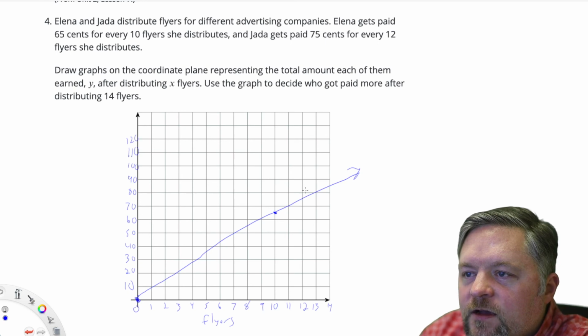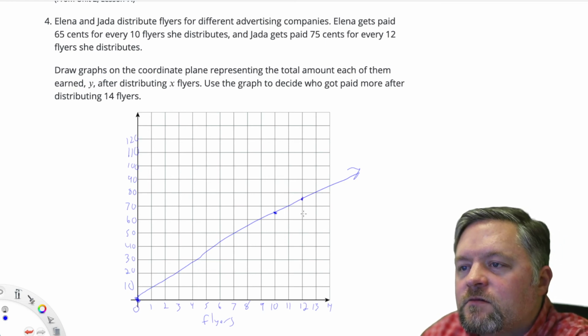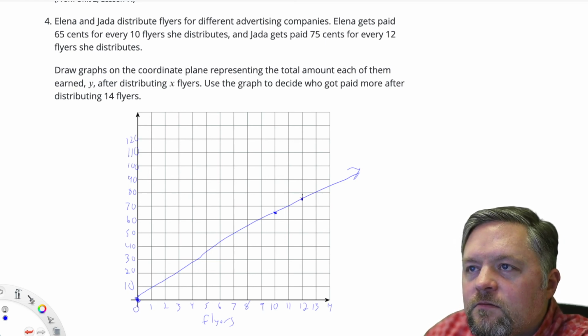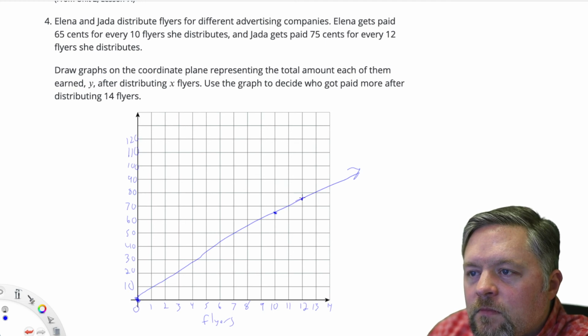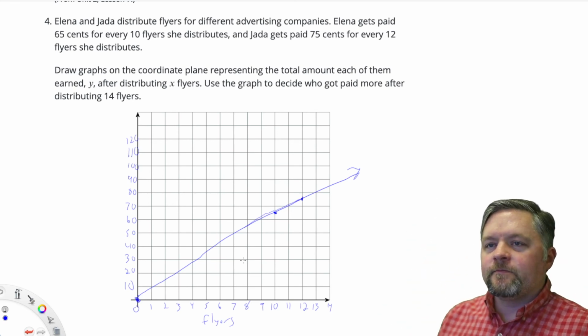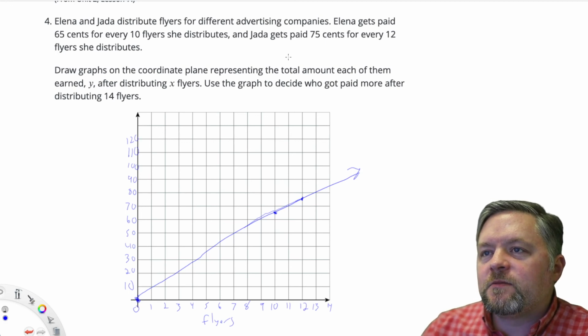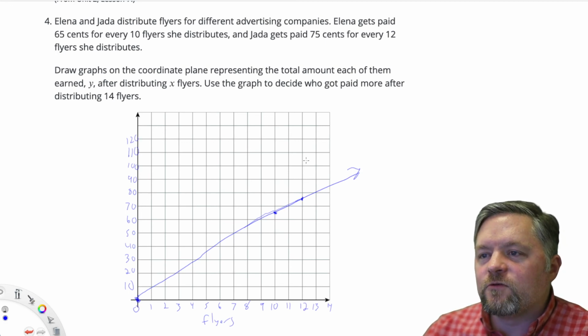So 12 flyers is 75 cents. So that's close to basically the same thing. Which means this would probably work better if I had had a ruler.